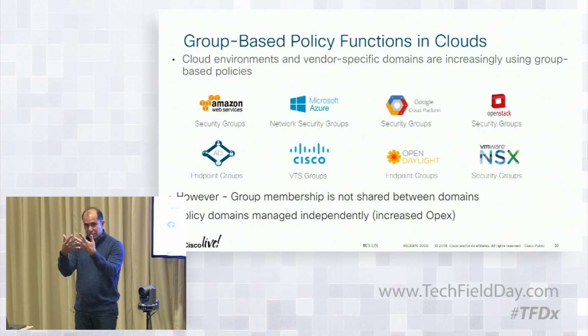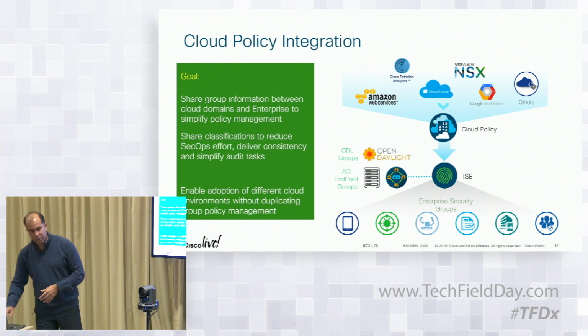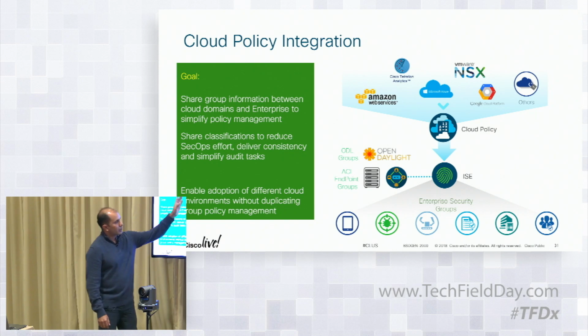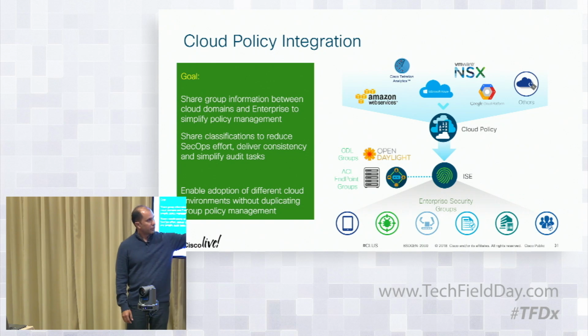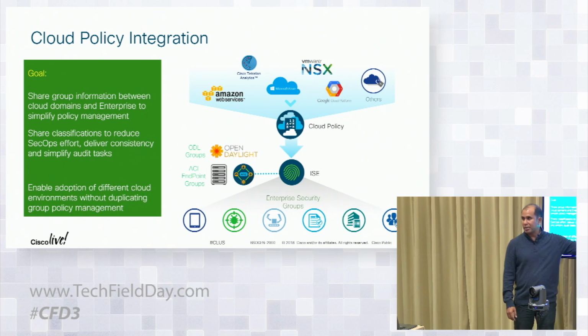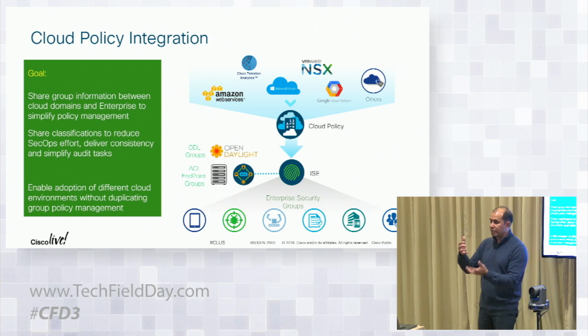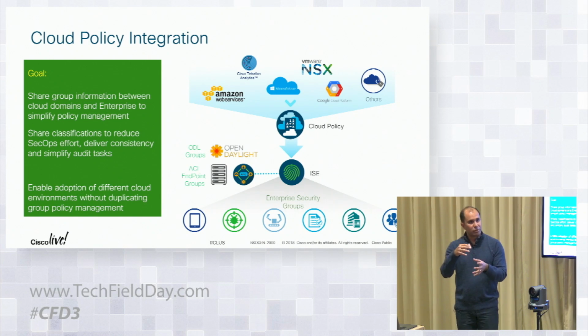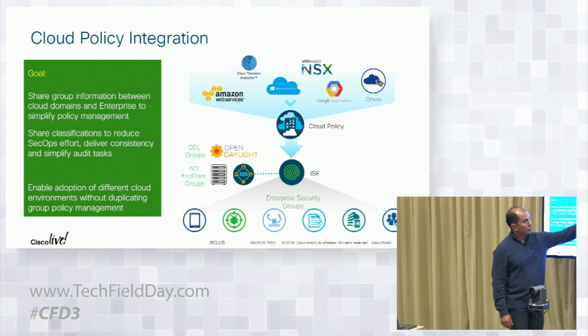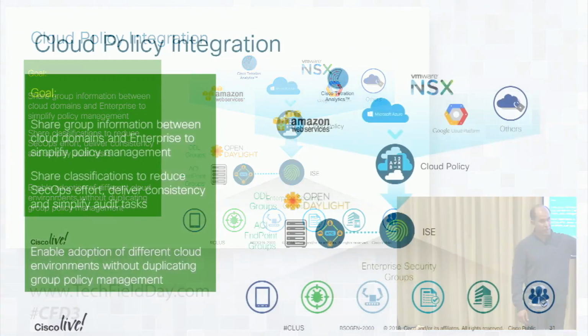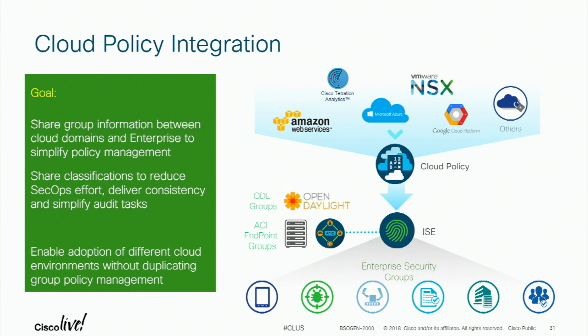Now, when you start combining those tags with certain rules, you can actually distill that into a flat space of groups. And that's what we do with our tool for the cloud policy integration, where we have the cloud policy platform that allows us to basically write the conditions on how I combine those different tags to translate them into groups. What we're doing is basically normalizing all of these different clouds, assuming you're not using ACI Everywhere, right?